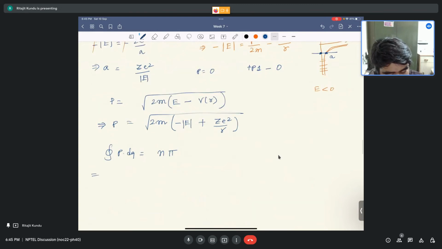So let's just write this integration. The integration limits are set by 0 and a. Because it has to go and come back, there should be an additional 2. Okay, so now let's put all of these integrations.